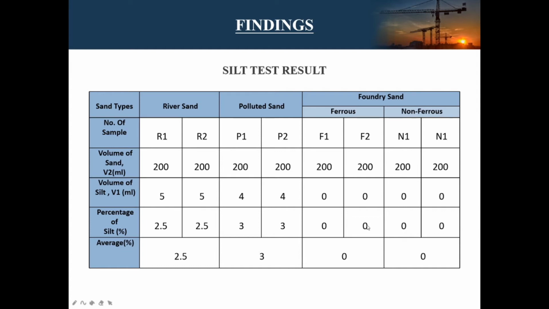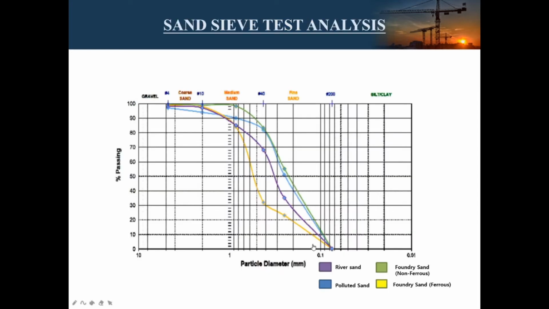Next, the foundry sand, ferrous and non-ferrous, shows 0% silt content, so it can be concluded that the foundry sand will make the strongest bonding with the cement in the cement mortar mixture because it has no silt content. From this graph, we can look at the fineness modulus of sand.